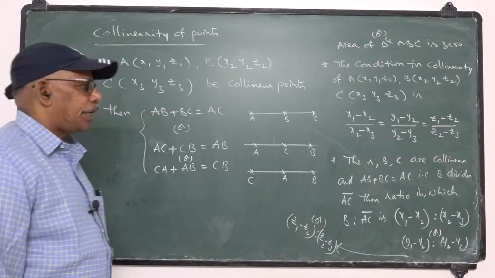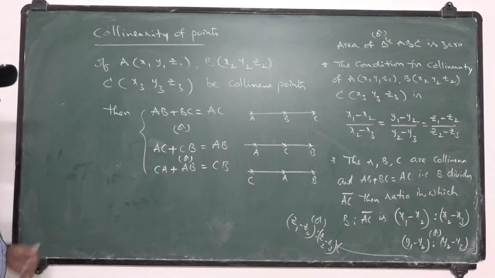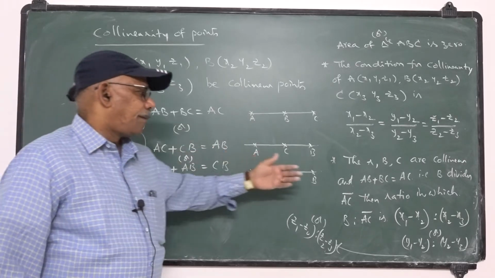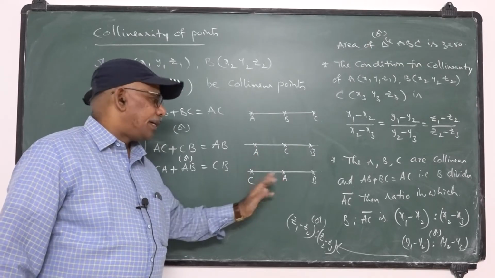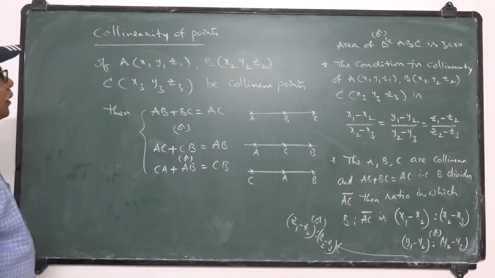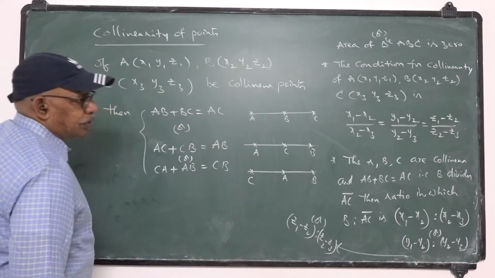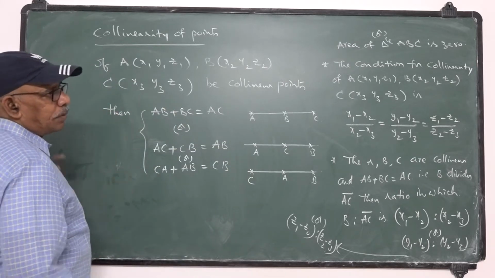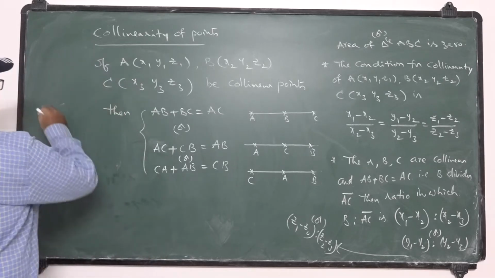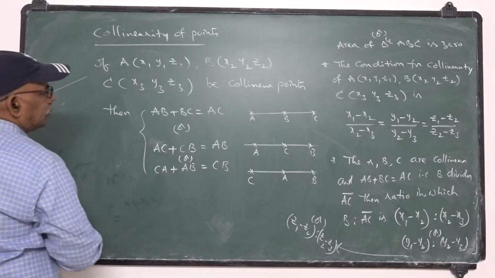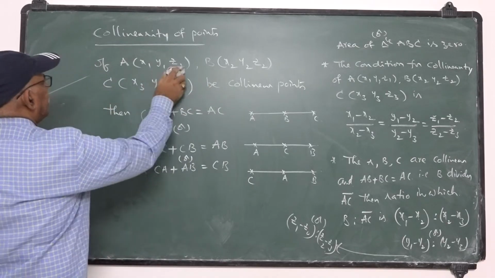Similarly, you can develop the ratio in which C divides AB and A divides CB also. So these are the points related to collinearity of the points, the relation between the coordinates of collinear points once ABC lie on the same line.